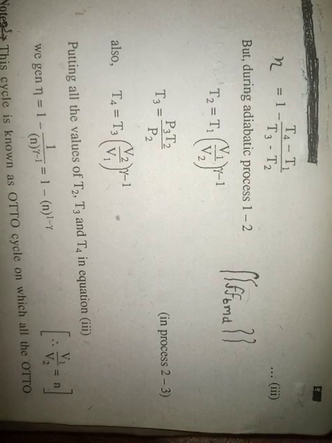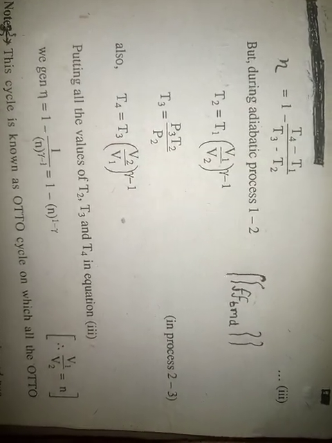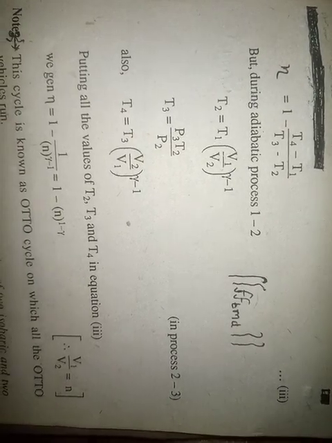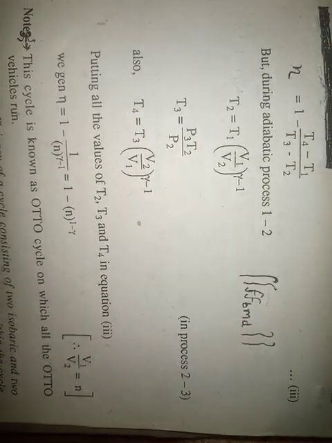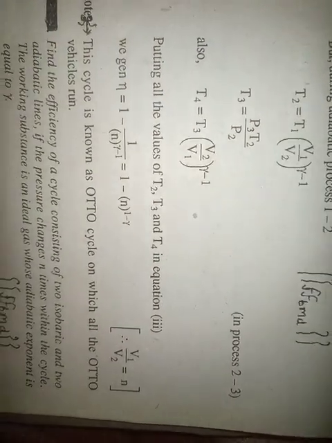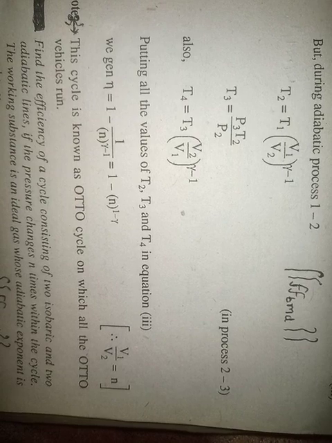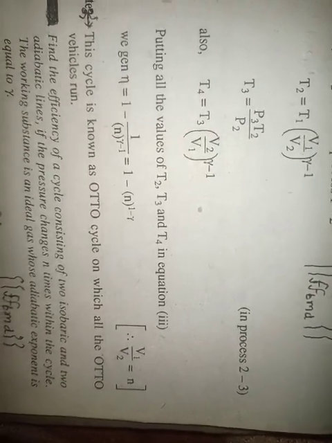But during adiabatic process 1 to 2, T2 equals T1 (V1 by V2) to the power gamma minus 1, and T3 equals P3 T2 by P2 in process 2 to 3. Also, T4 equals T3 (V2 by V1) to the power gamma minus 1.